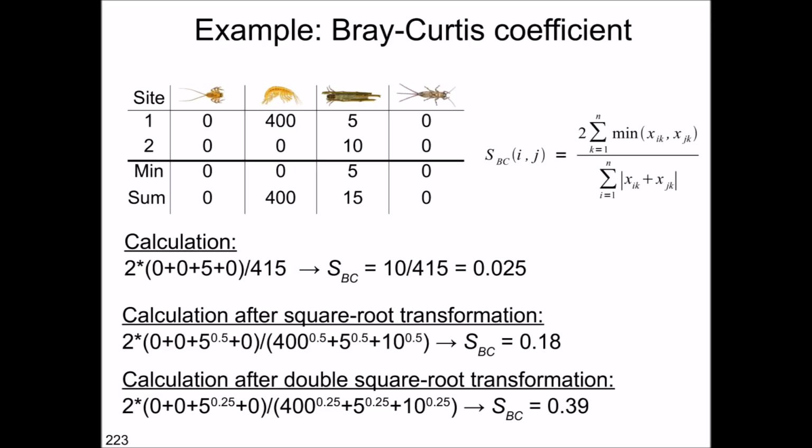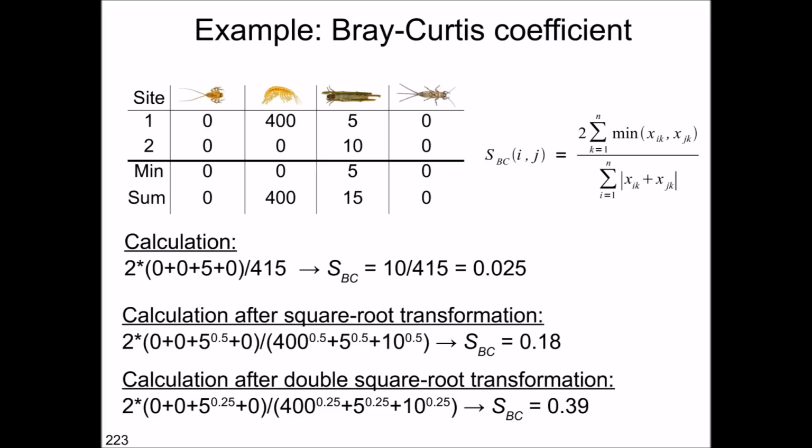So you clearly see that transformation has an effect on the index. In the example case, we have one species that occurs in both sites and another species that does not occur in both sites but has a high abundance, and this species would strongly affect the overall similarity, and that's also not desirable.